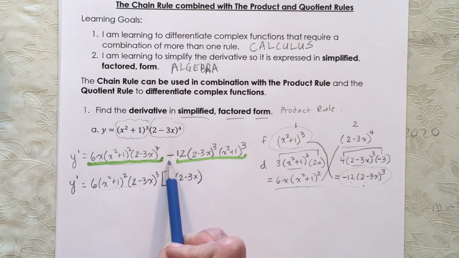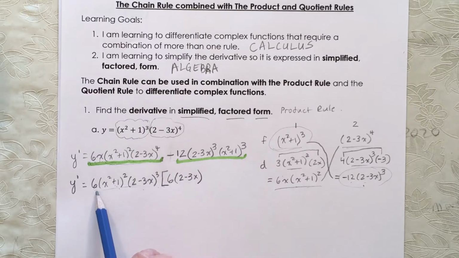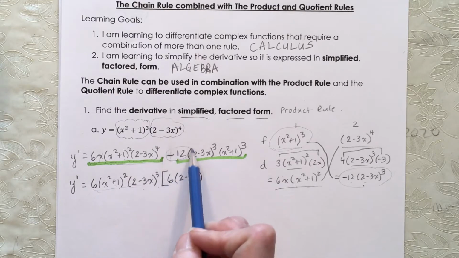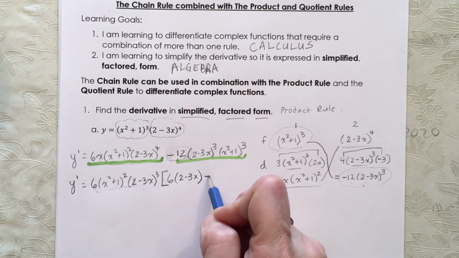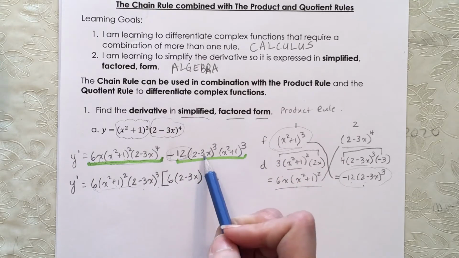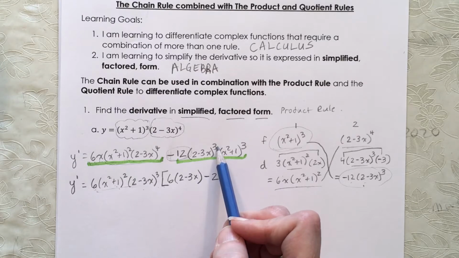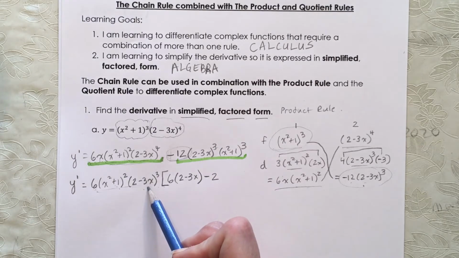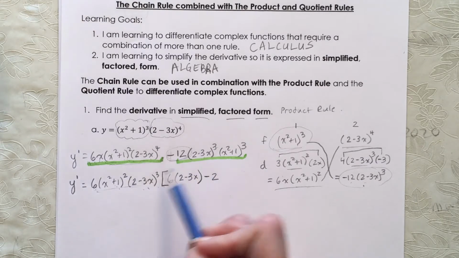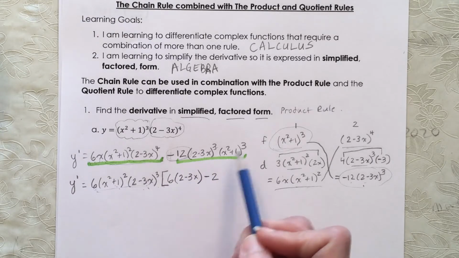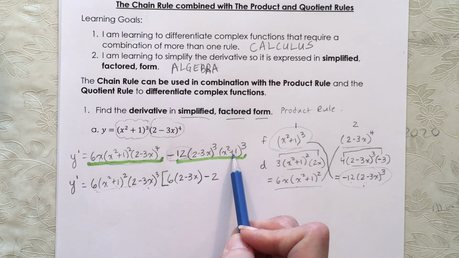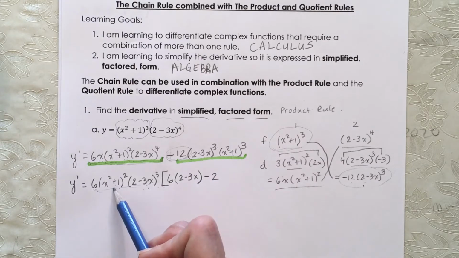Now I'm looking at the second green chunk, and I want to divide it by the greatest common factor. So I'm thinking about this negative 12 divided by 6. That's going to give me negative 2. 2 minus 3x to the power of 3 divided by 2 minus 3x to the power of 3. So they're exactly the same, so they're going to divide to give me 1. x squared plus 1 all cubed divided by x squared plus 1 all squared.